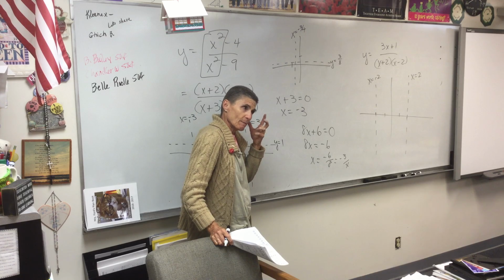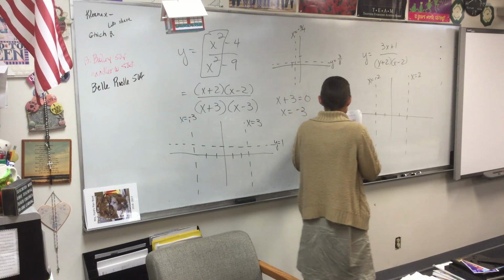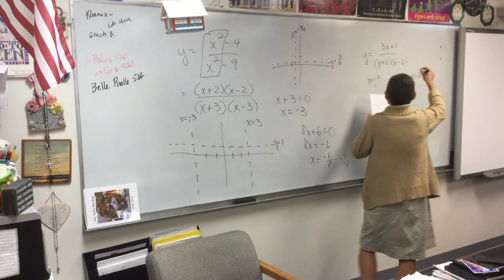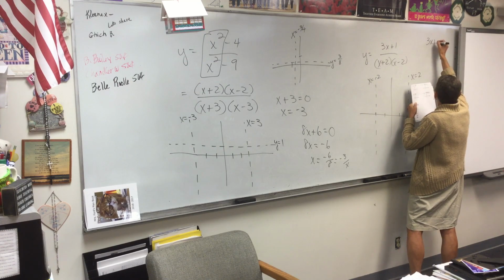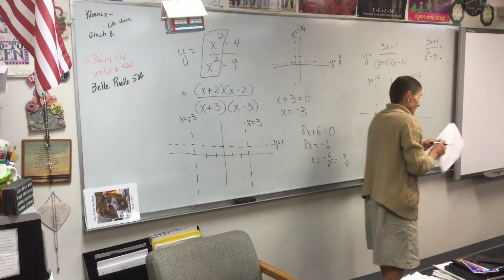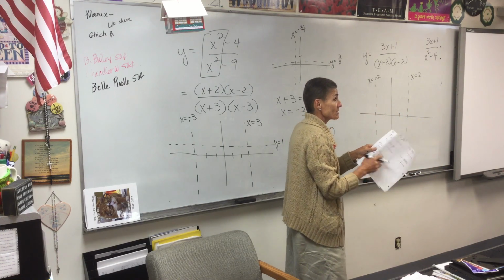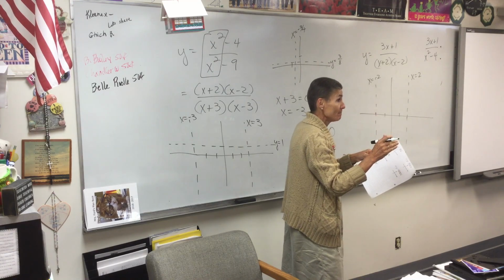Now, what's different about this problem? What's tricky about it? On the bottom, there's an x squared, but there isn't one on the top. If you look back at problem B, it had squares, but it had them on the top and the bottom.